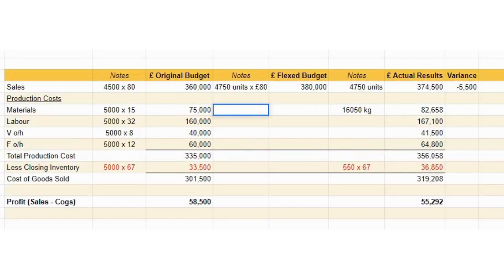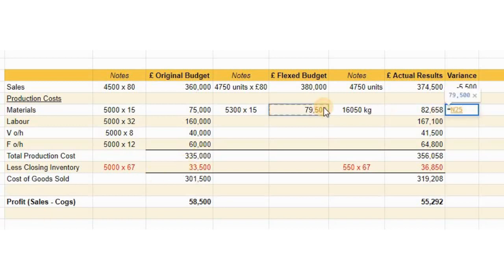And so the cost that we would expect to incur is 5,300 units at £15 per unit, which is £79,500. This is the figure that we would have expected to spend on materials by making 5,300 units. And if we look at the variance, we can actually see that we spent £82,658 on materials. So why was that? Let's work out the variance.